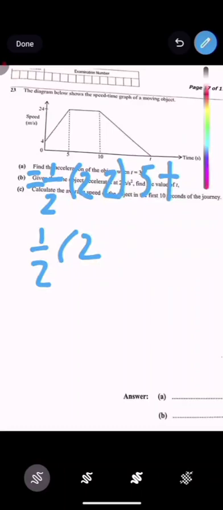For the big one, half A plus B, A is 5 plus 5 is 22, 24, right?